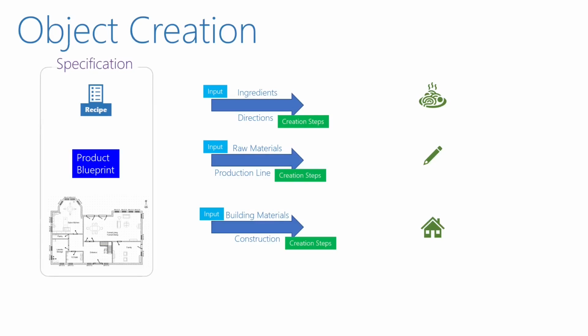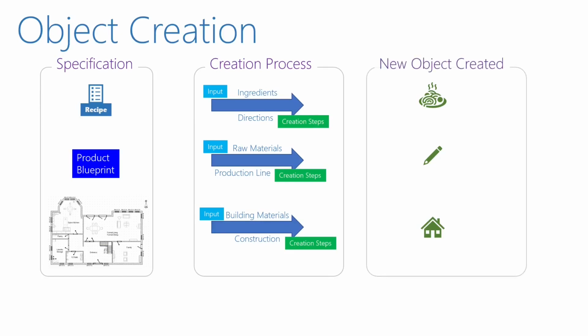The first step, we can call it a specification step, which helps in ensuring that we are able to produce in large quantity, and it also helps in ensuring the quality of the object that is created. The next step is a creation process, which follows the steps based on the specification and creates the objects. On completion of the creation process, the objects are created and available for use.